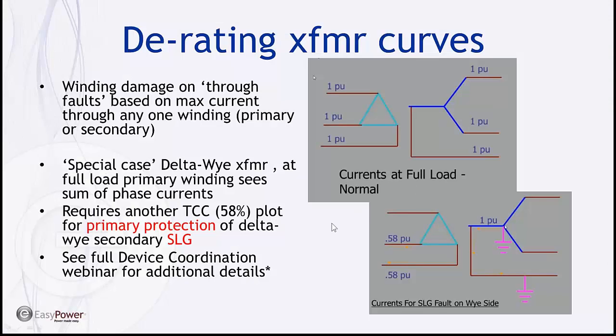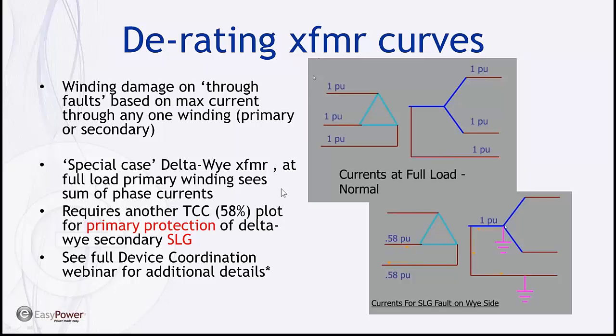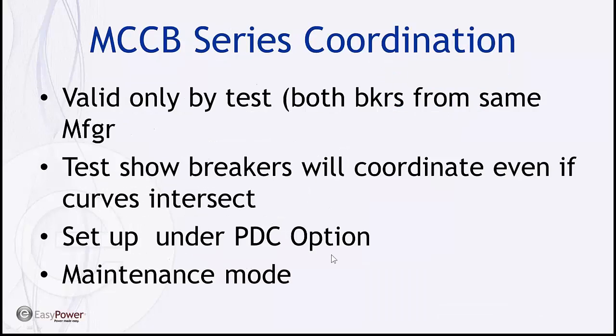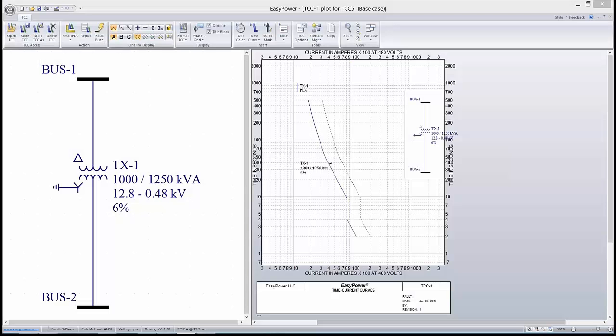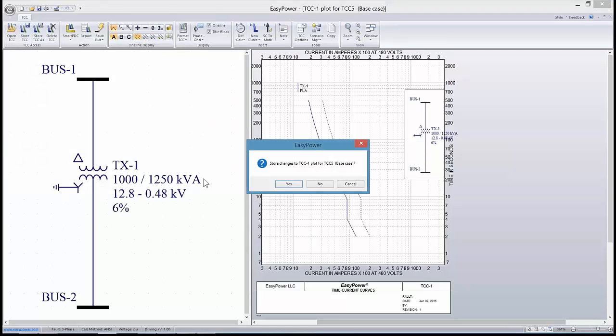Then if we take that a step further, we also have a concern if we're using a delta-delta transformer, because it's not going to be this kind of a ratio. It'll actually be closer to a 1-to-1, but there still is some need to deal with the short in a delta-delta configuration.